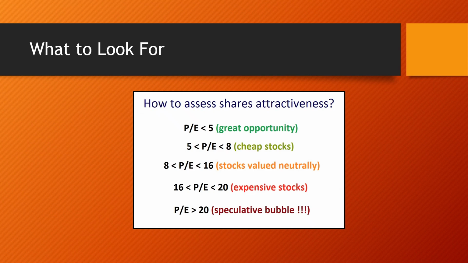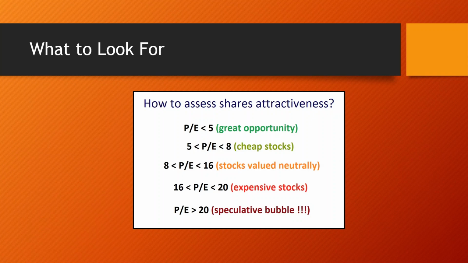And so you may be asking yourself, okay, then what is a good price to earnings ratio? What makes a good opportunity? Well, it really is just up to you. It depends on what you're looking for, I guess you could say. This graphic that I have here is good if you're trying to look for undervalued stocks that you may think could very quickly gain value because they may be overlooked by the market.